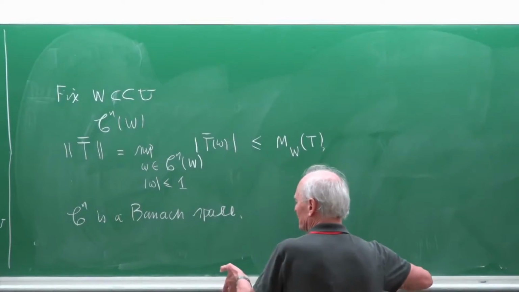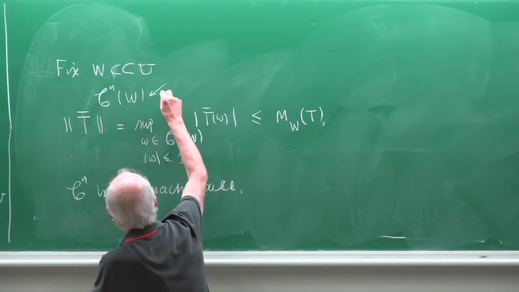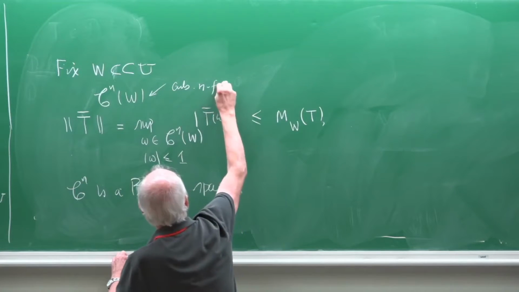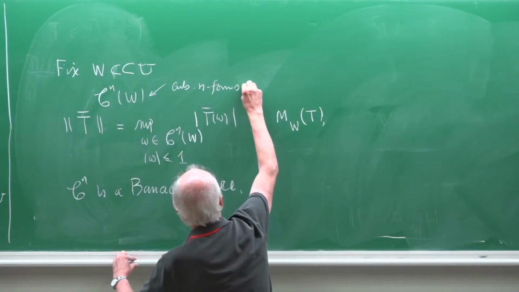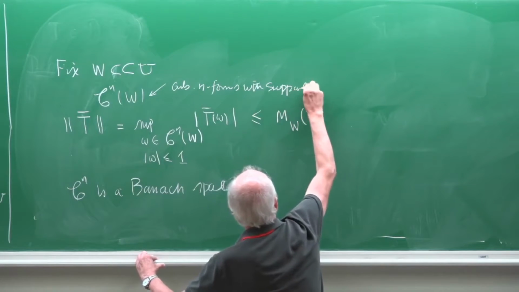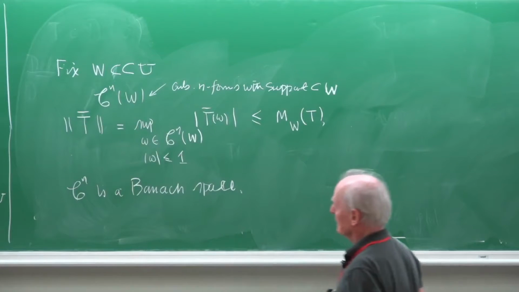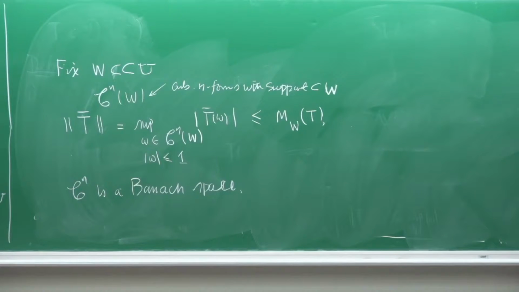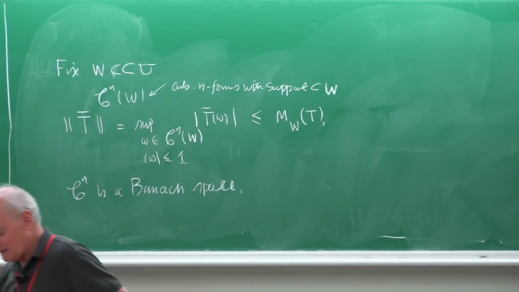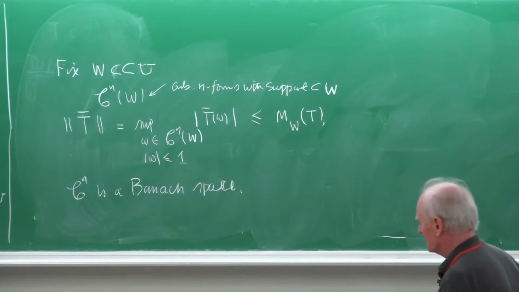So I've got to remind you of the Riesz theorem. C^n_0 is the space of continuous n-forms with support contained in W, and W is one of these open sets with compact closure contained in U. So C^n is a Banach space, and you can apply the Riesz representation theorem to this space.